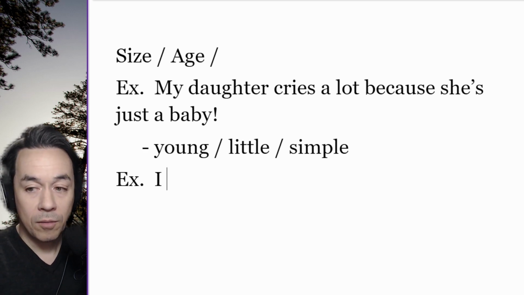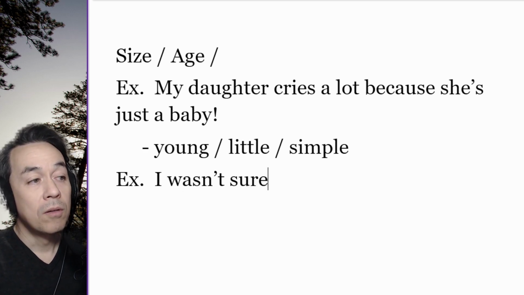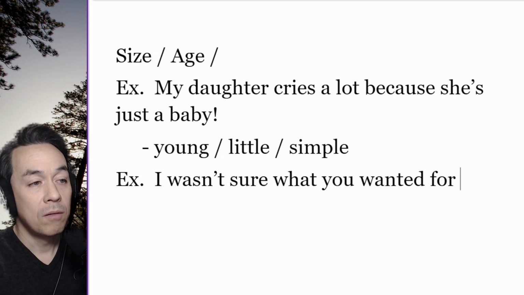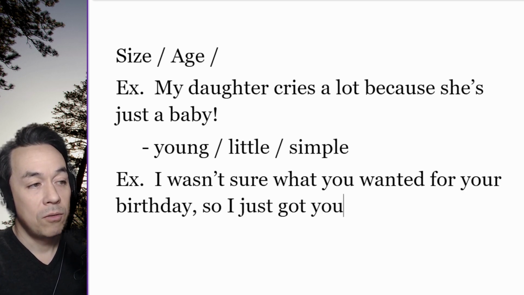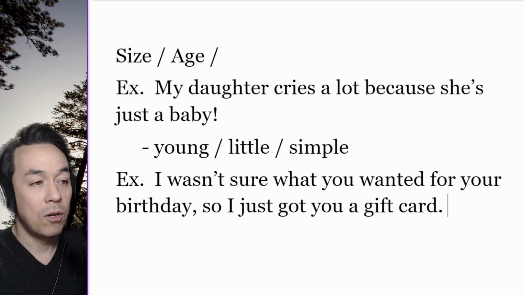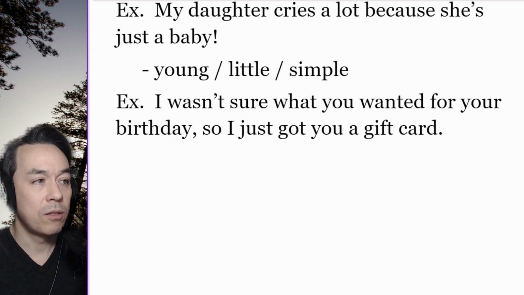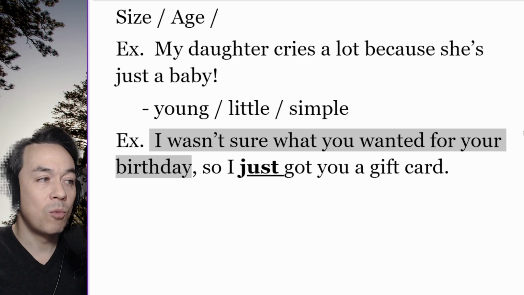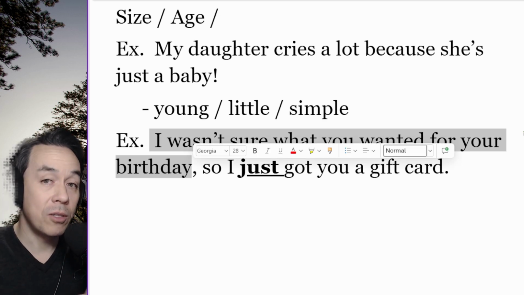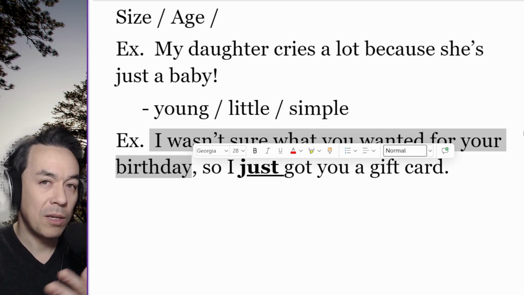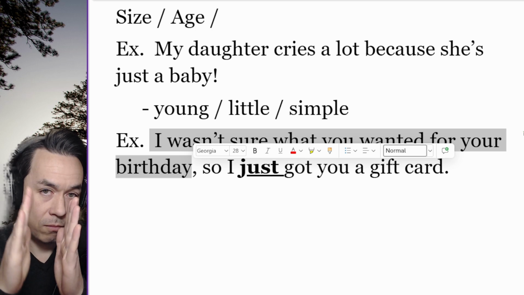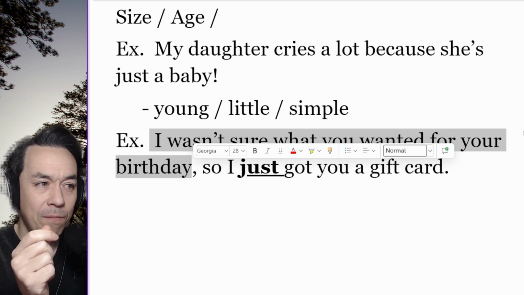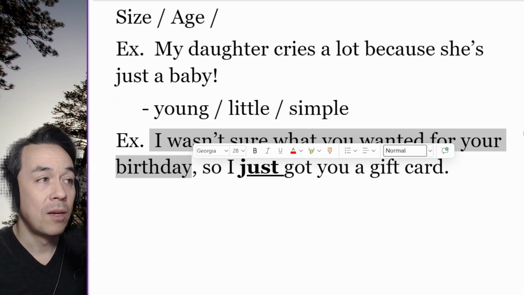Let's see here. I wasn't sure what you wanted for your birthday, so I just got you a gift card. Okay, I just got you a card. So I don't know what present you want. I don't know what you want, clothes or something special. I don't know. Just this card, right? So it's the same thing.